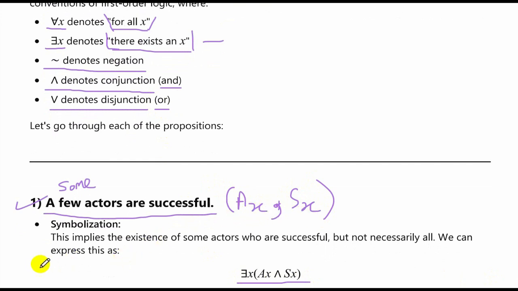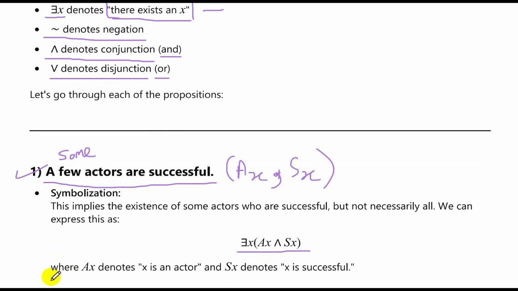So we first write: let ax denote x is an actor, and let sx denote x is successful.